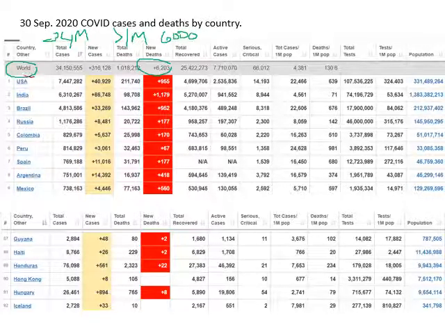Here is the United States. Over 7 million cases, 211,000 deaths, and on that day we had 955 deaths. Haiti is down here. Haiti's doing pretty well.